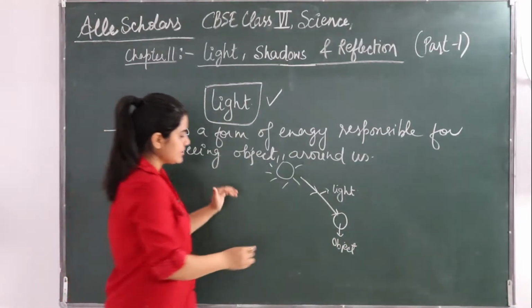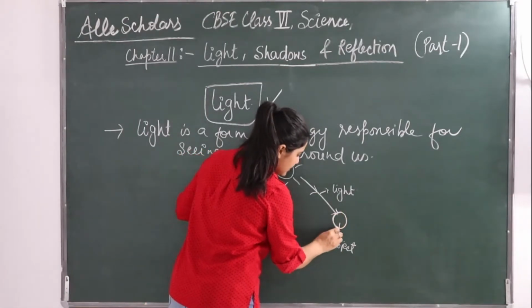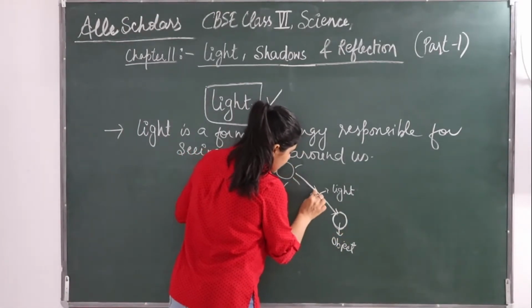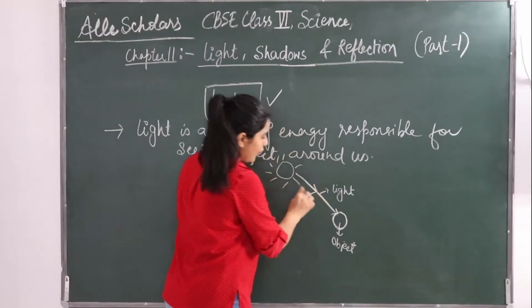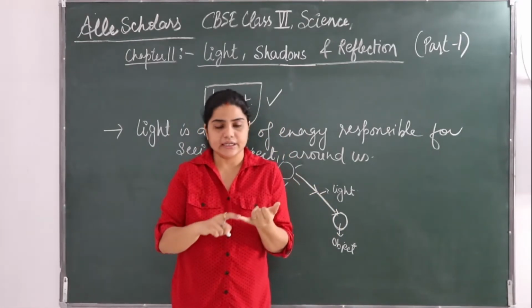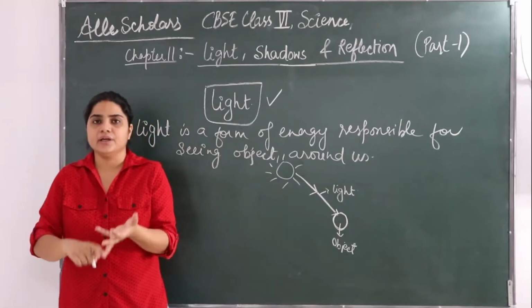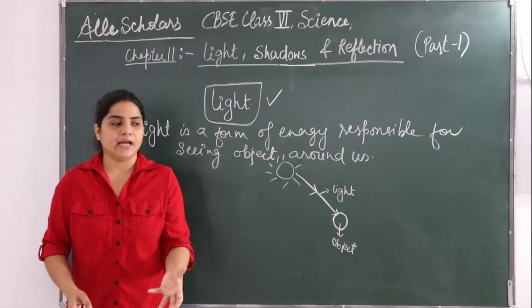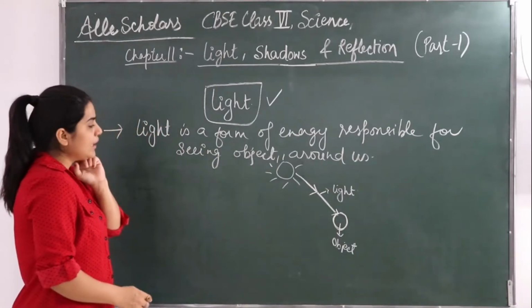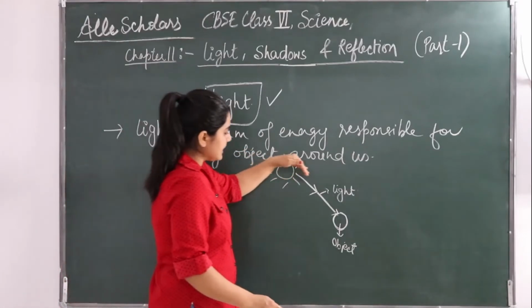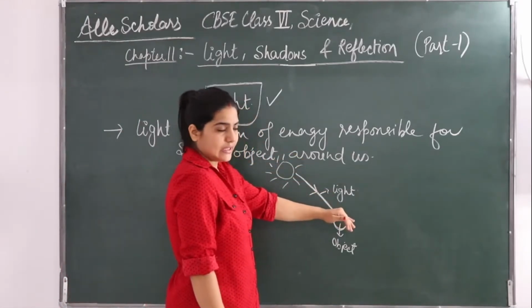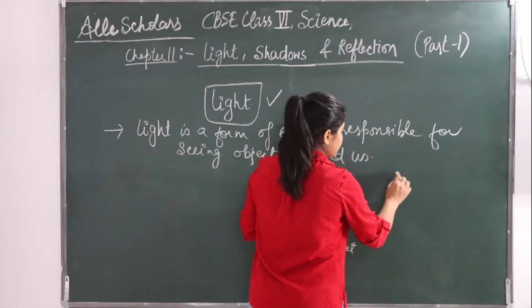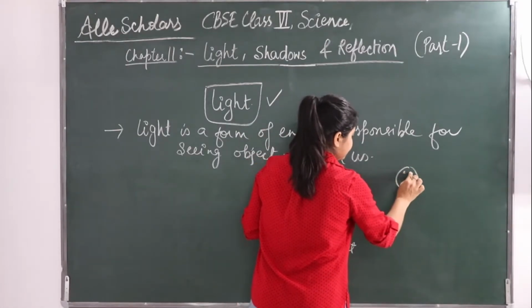This object can be anything. It can be a tree, it can be a human being, any animal, anything. Okay? So what happens when this light falls on an object? Suppose a person is standing here.